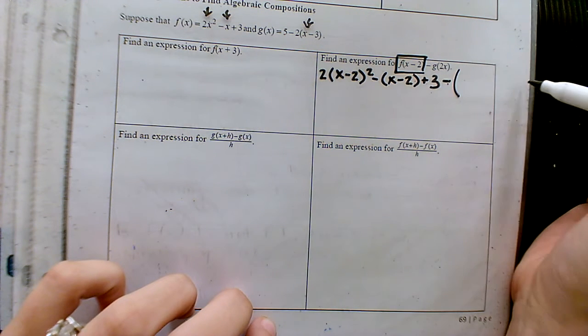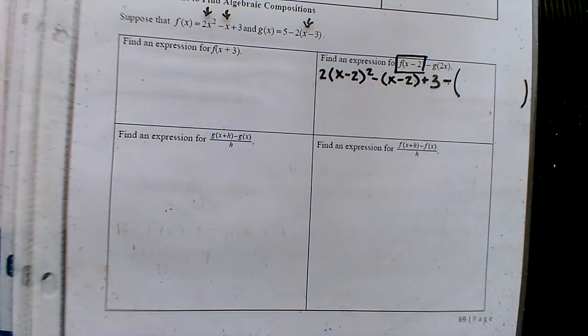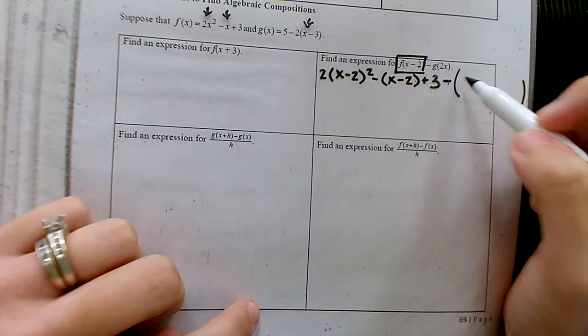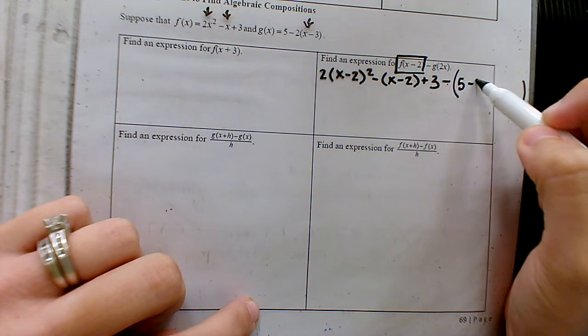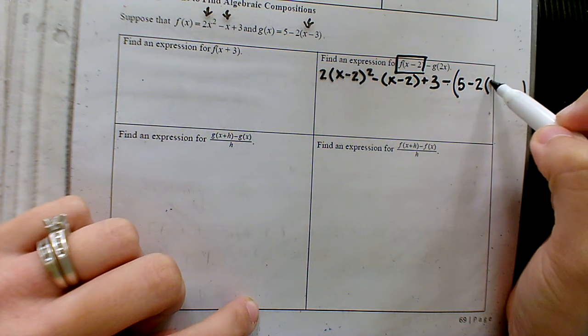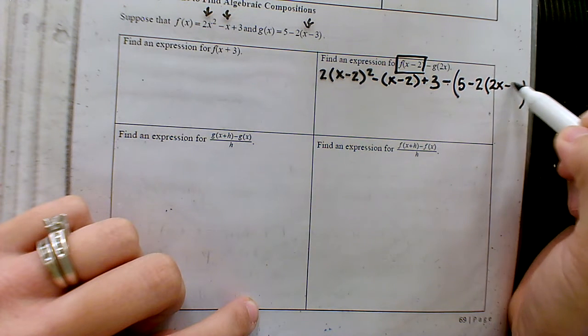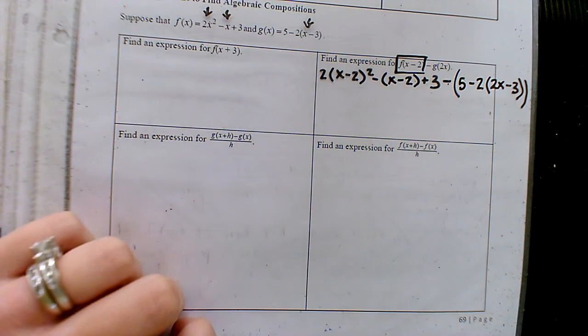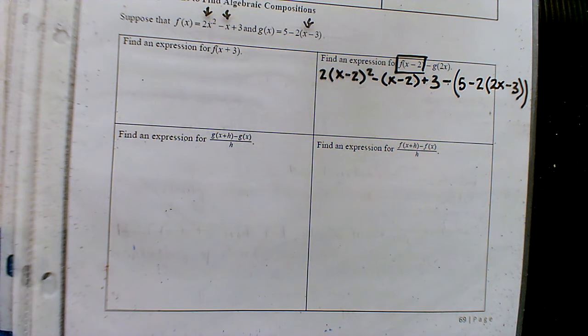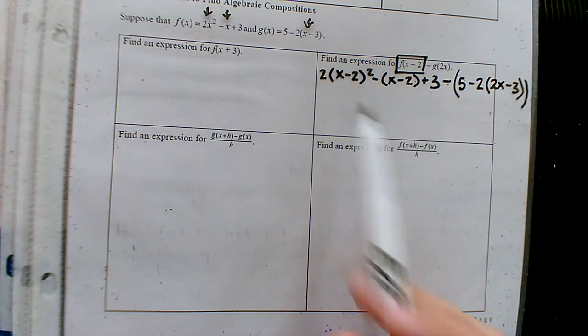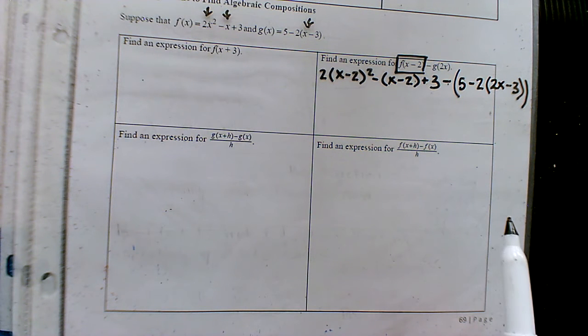So we technically should think about putting it in parentheses because you're subtracting all of it. So we'd have 5 minus 2 times, and then we'll plug in the 2x, and we still have the minus 3. So it looks like a lot, okay? It's a simple notation to start with, but what it actually means turns into something a little bit more complicated. Okay, not difficult, just complicated.